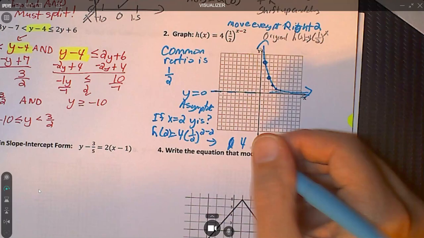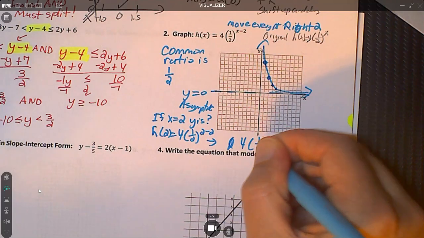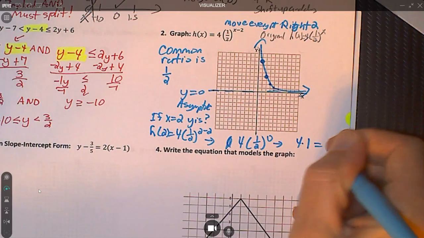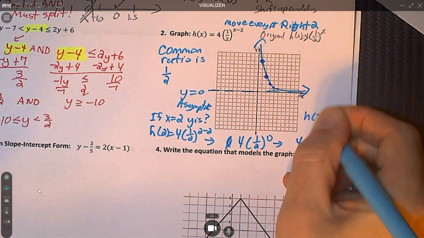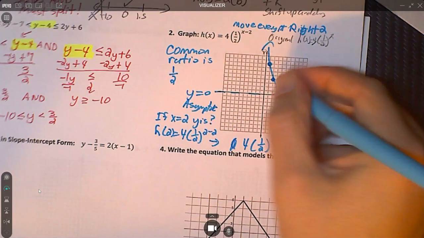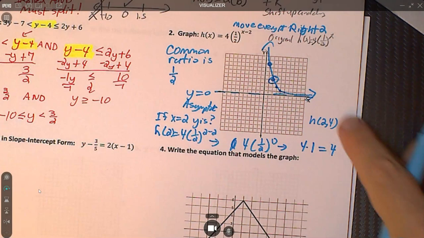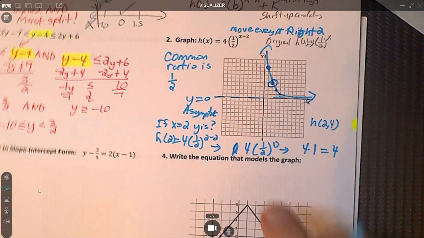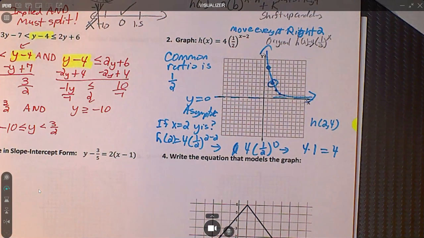That'd be 4 times 1 half to the 0, which is 4 times 1, which is 4. So h of 2 is 4. So that could be where you started. And you could half it, half it, half it.